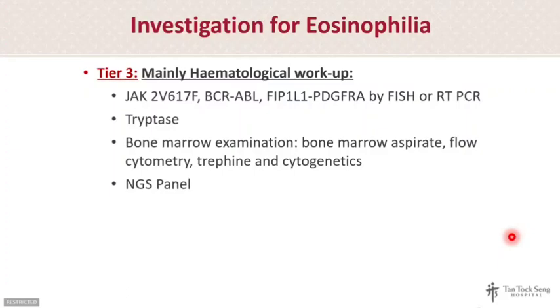If we are suspecting systemic mastocytosis, which can also present with eosinophilia, we will send tryptase as well. We will also do bone marrow examination, sending aspirate, flow cytometry, trephine biopsy, and also cytogenetics. And if it's clinically indicated and available, an NGS panel as well.